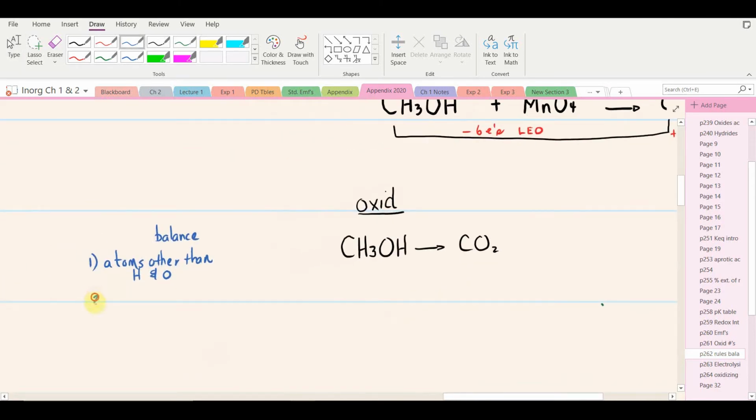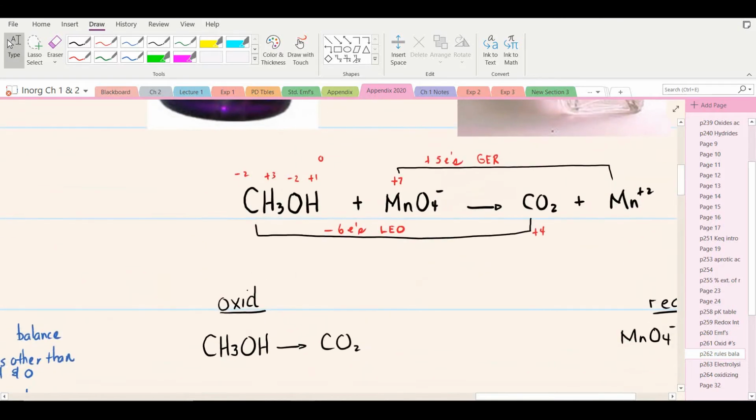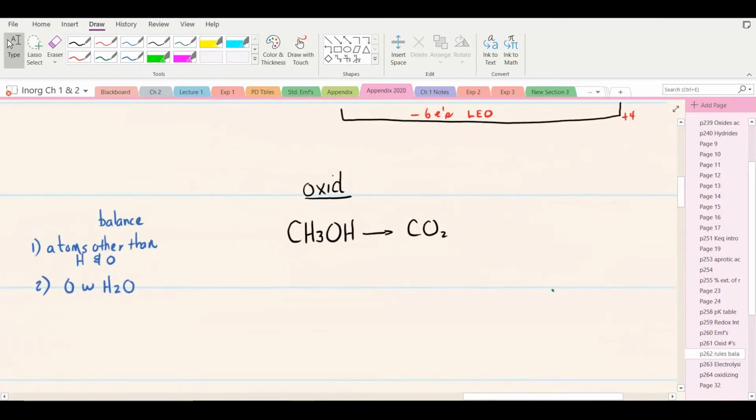Rule number 2 is that we balance oxygen with water. You have to add water to balance the oxygens. You can't add O2. O2 is not in this reaction. That would be a different reaction entirely. The only way you can balance oxygen is with water, and there's always water in aqueous solution. So let's do that next.